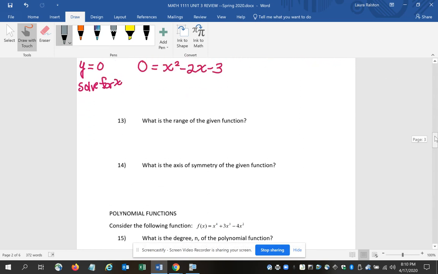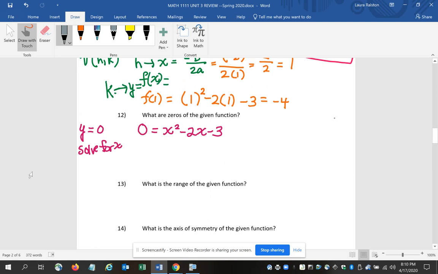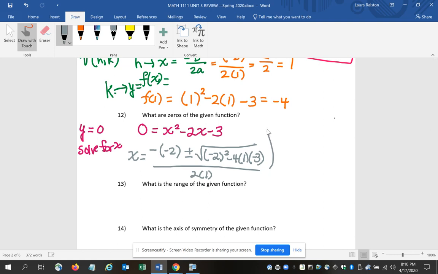Okay, so we would have x equals the opposite of b plus or minus the square root of b squared minus 4ac, all over 2a. So I would have positive 2 plus or minus the square root of 4 plus 12.